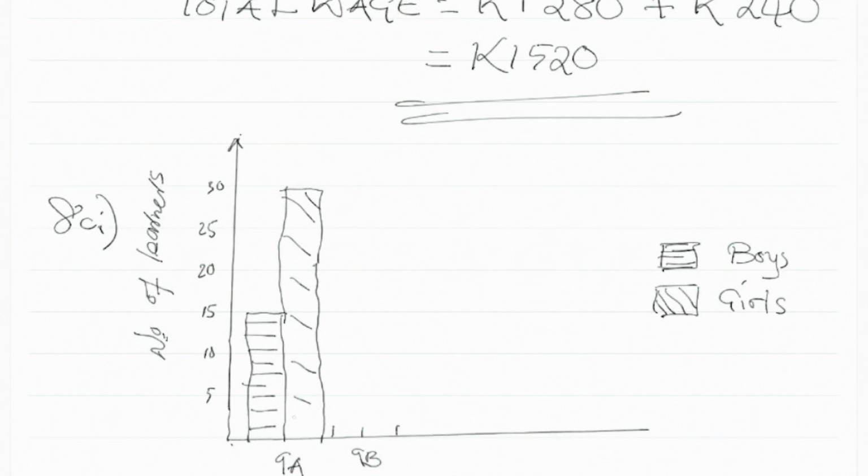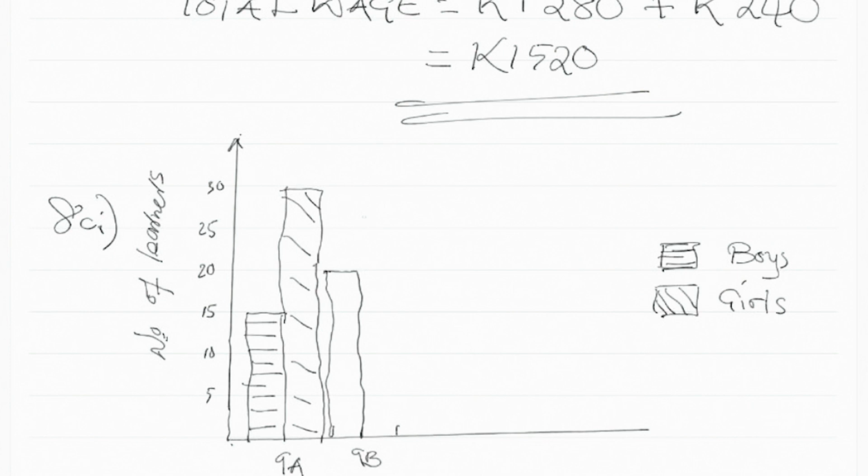So 9B, how many boys did we have? We had 20 boys. So you go on the vertical axis, you see where the 20 mark is. For boys, this bar will reach up to there. Then for girls, how many girls are there? 25.